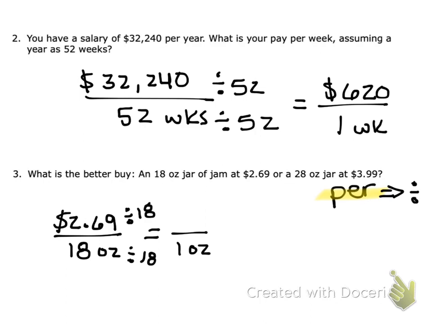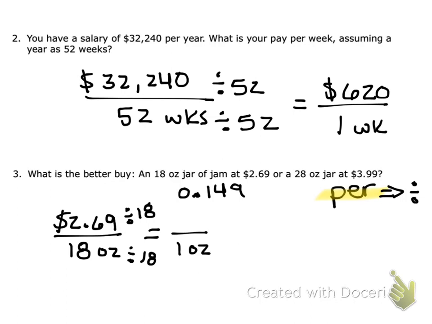And then here's my other little piece of information. When you get this answer on a calculator, it would be like 0.148 something or 0.149. With money, we always round to the hundredths place. But you do need to keep in mind when you're doing some of these comparisons, it is possible to end up with something like 0.149 and 0.147.